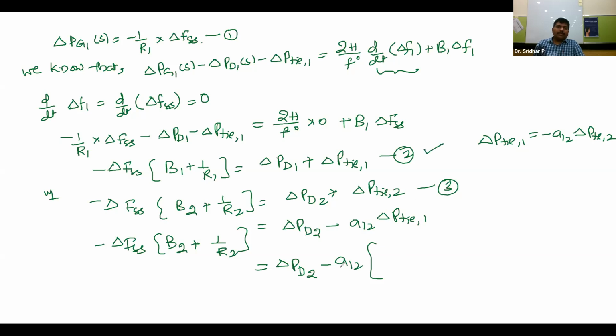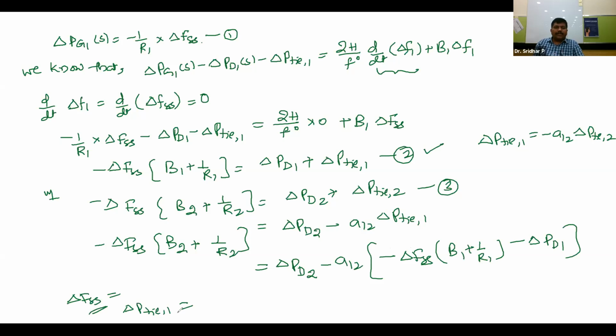Now from equation 2, let me substitute here the total value, that is minus delta f ss into b1 plus 1 by r1 minus delta pd1. If you simplify this and separate the terms associated with delta f ss and delta p tie 1, we are going to get two expressions.